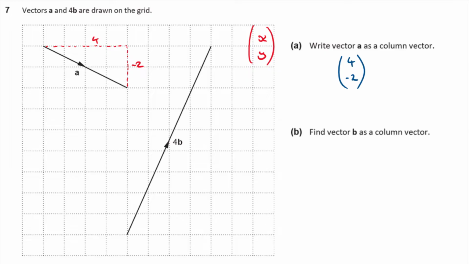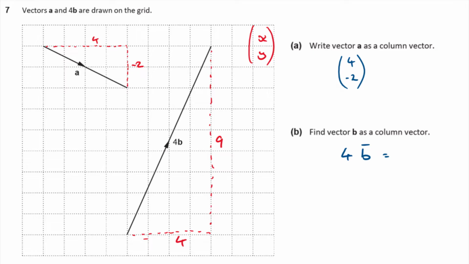Part B says, find the vector B as a column vector. Now we've actually got 4B here. It doesn't fit nicely on the grid. I'm going to work out what 4B is first, and then divide it by 4. So 4B: how many units in the direction of x and how many in the direction of y do we need to go? Well, this is 4 units in this direction, and 9 units in this direction.